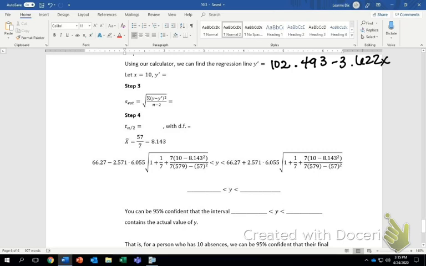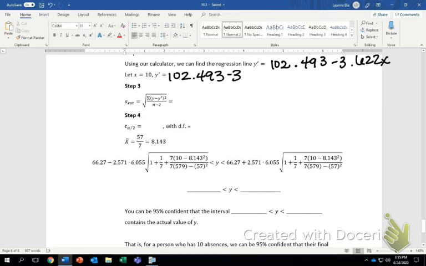And then we're going to plug in our value, because at the very beginning it said find the confidence interval at alpha equals 0.05, when x equals 10. Remember, x is supposed to represent our absences. So we're trying to figure out what is the interval of grades that our grade could be if we were to miss class 10 times. So I'm going to plug in 10, and I'm going to figure out what it's going to equal.